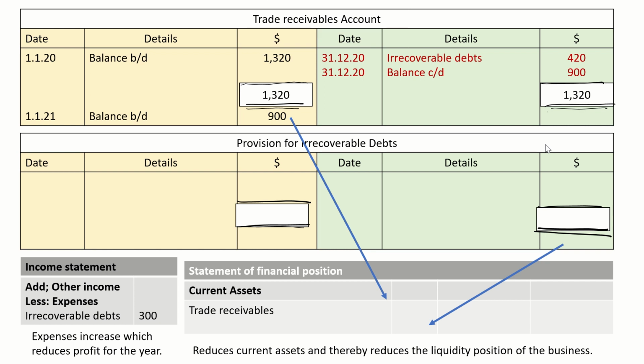As you can see in the question, the closing balance of trade receivable is 900 and we calculated 10% of it. Opening balance in the provision for irrecoverable debt 0. And for the current year, we calculated 90. Write that on the credit side as 31st 12/20 balance carried down above the total. And bring it down on the opposite side. 1st of Jan 21 balance brought down 90.